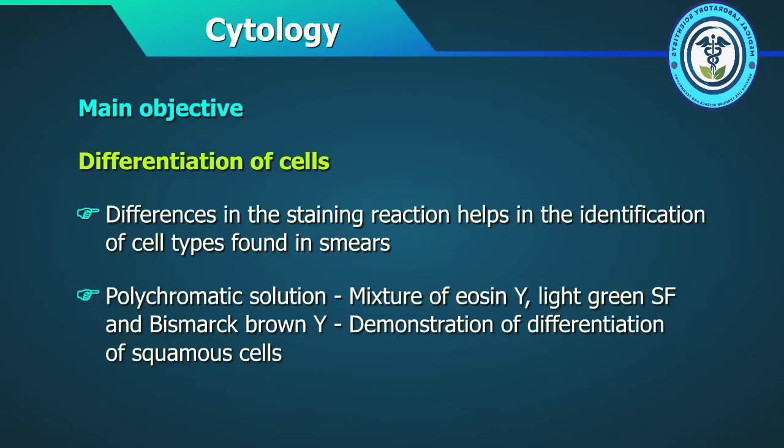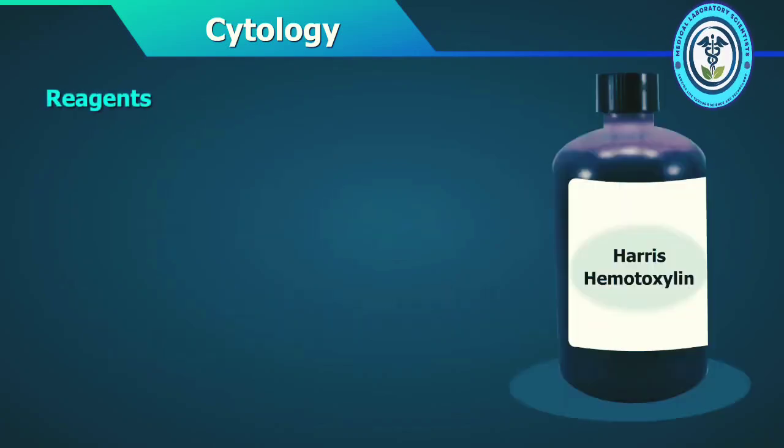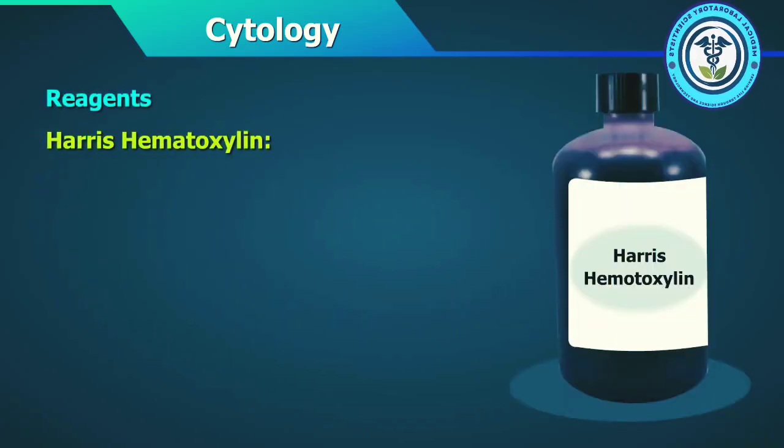Polychromatic solution, a mixture of eosin Y, light green SF, and Bismarck brown Y, is used for demonstration of differentiation of squamous cells. Reagents.